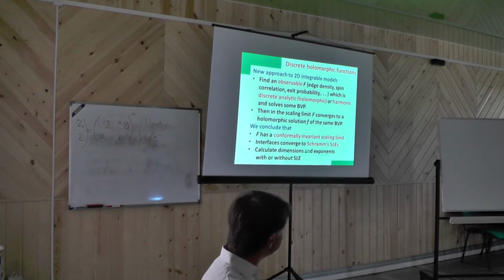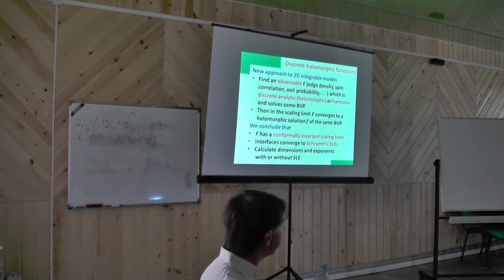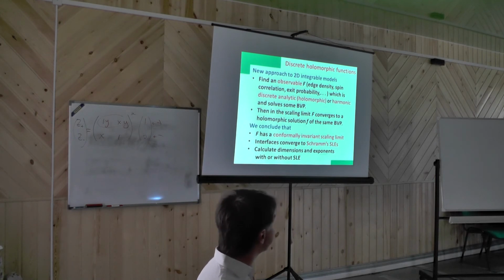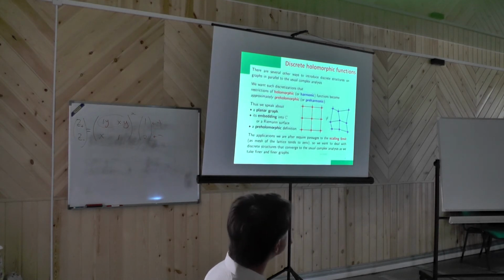Also, from this you can deduce that the domain walls converge to Schramm's SLEs, because you get enough information to deduce how you steer the steering wheel. And you can then calculate the exponents either with SLE or also without. So I will maybe say first a little bit about discrete holomorphic functions.